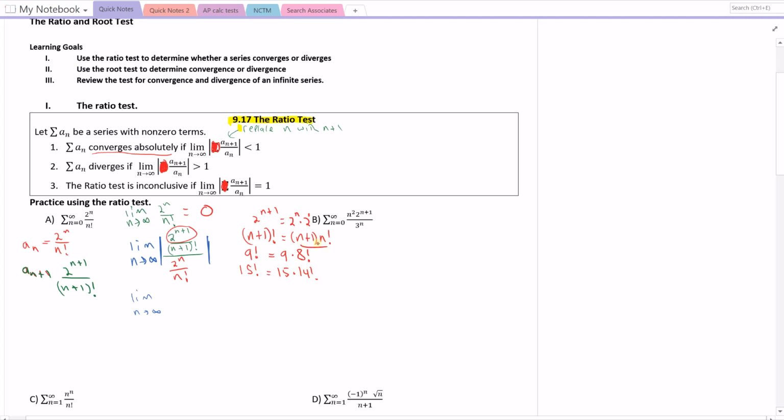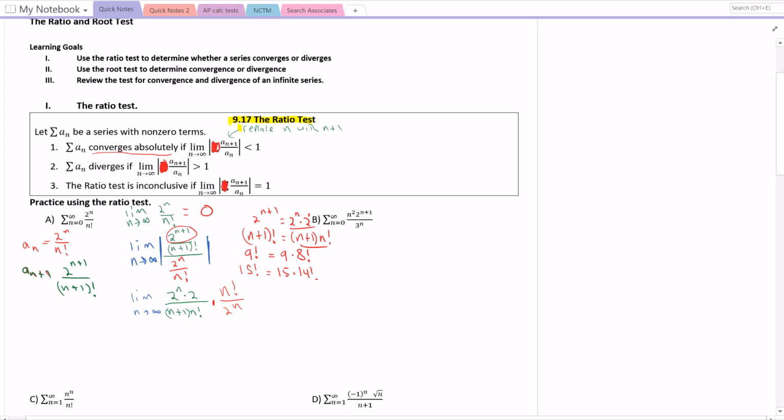Okay, so I'm going to need to use these two things down here. There are no negative terms, so we can just get rid of our absolute value symbols. The numerator here is going to become 2 to the n times 2 divided by n plus 1 times n factorial. And then instead of dividing by this fraction, we're going to multiply by the reciprocal. So this is that an term, and that will always happen.